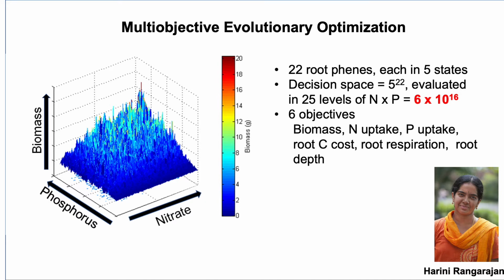She co-optimized against 6 objectives, conducted 250,000 evaluations, resulting in 2,000 optimal solutions. Shown here on the left against a nitrogen by phosphorus fitness landscape.